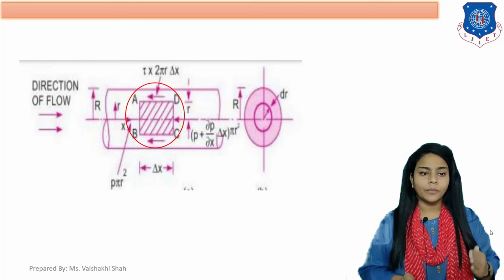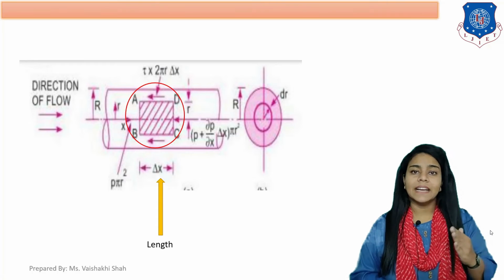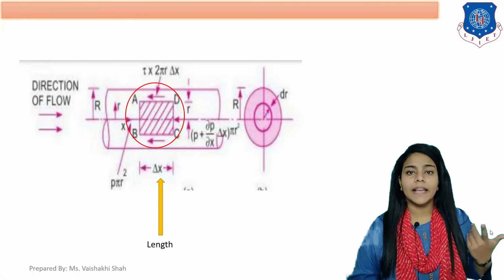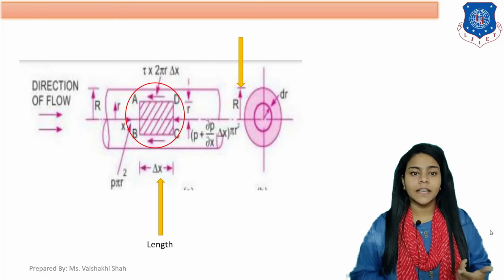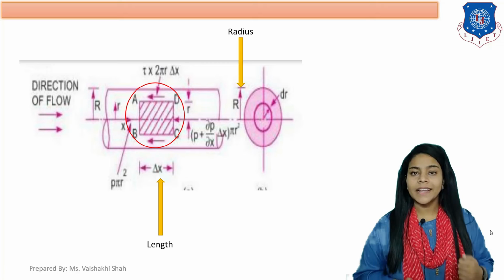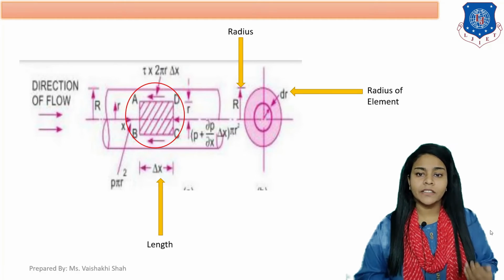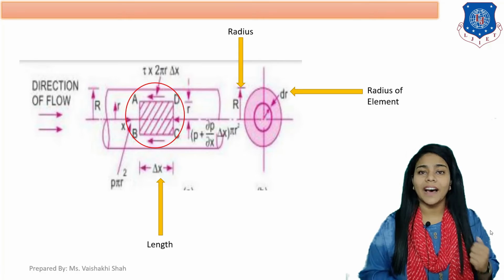The length of this element is delta x. The radius of the circular pipe is capital R, and the radius of the selected element ABCD is small r.